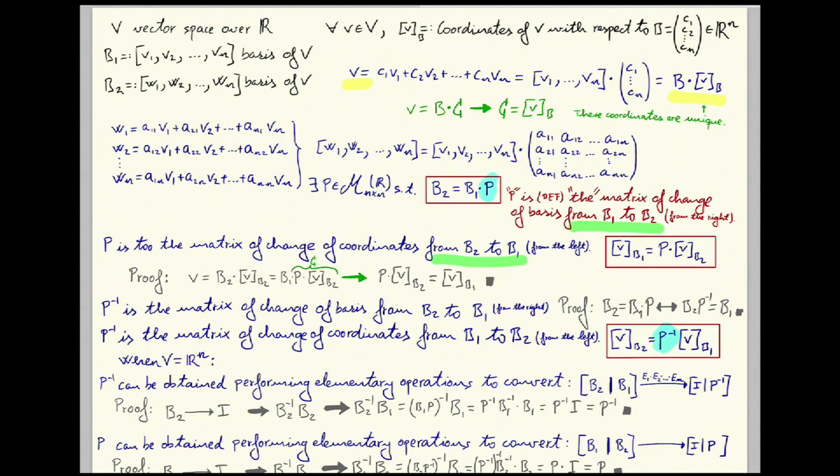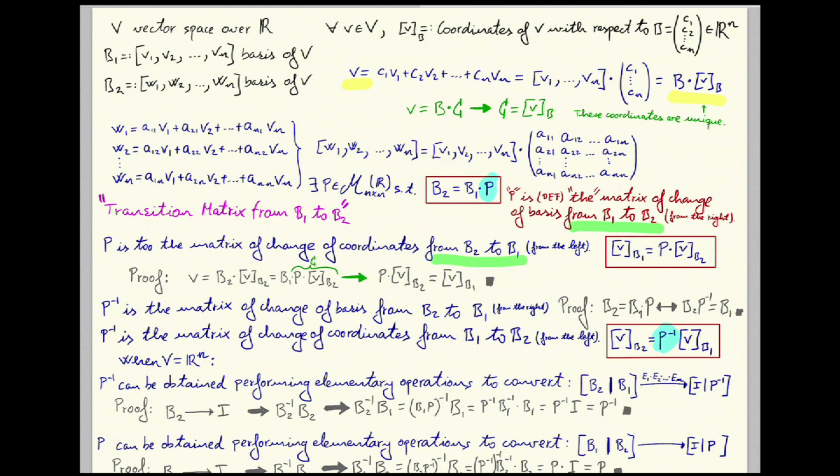Another thing that I consider confusing is that many authors don't discuss the relations between the matrix of change of bases and the matrix of change of coordinates. For example, the book that we are using speaks about the transition matrix from basis 1 to basis 2.